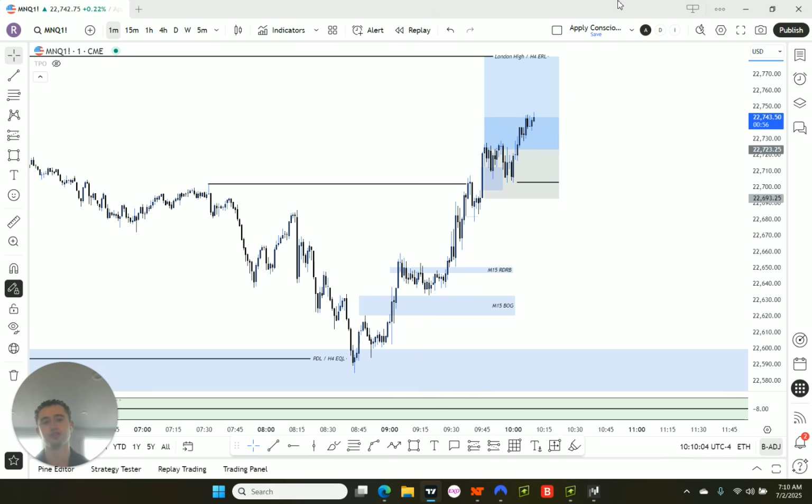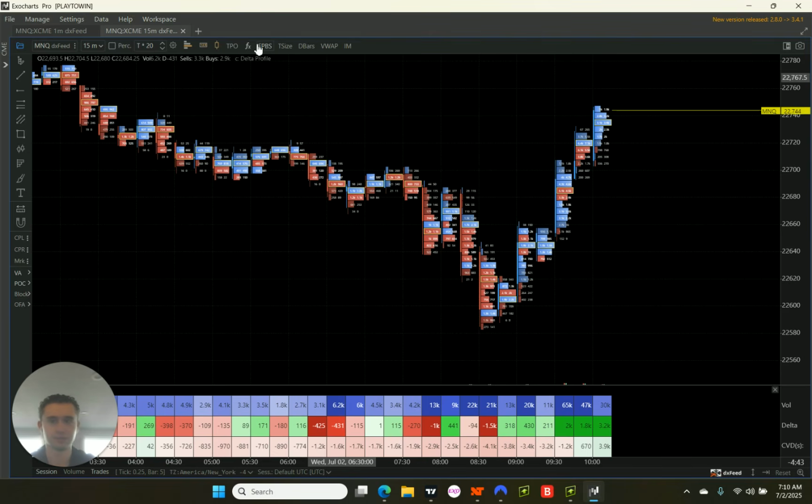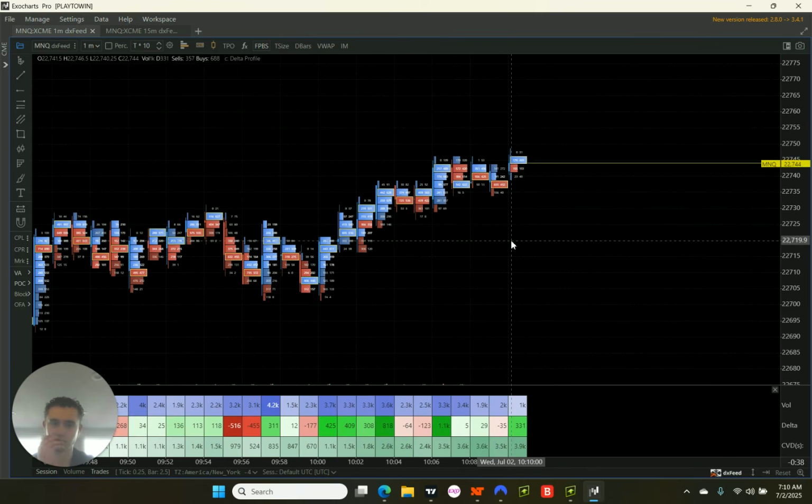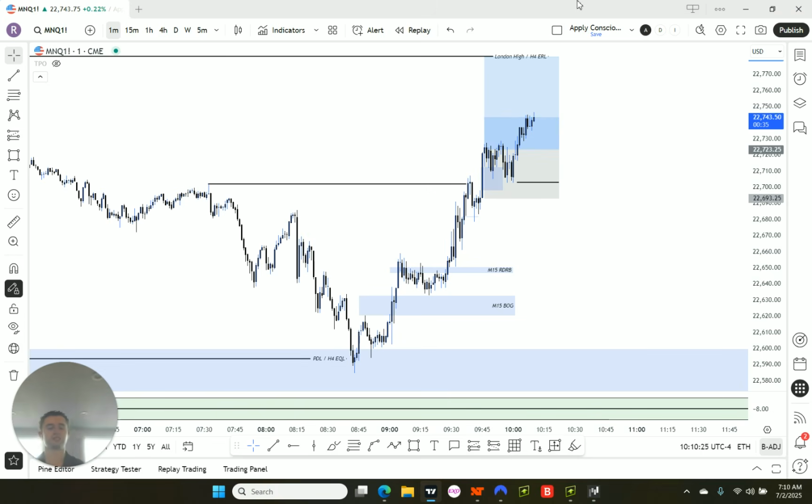Squeeze, squeeze, squeeze. There's really not much energy behind any of this. It's low volume, so let's see. Very low volume. Extremely low volume. This is what I'm talking about.